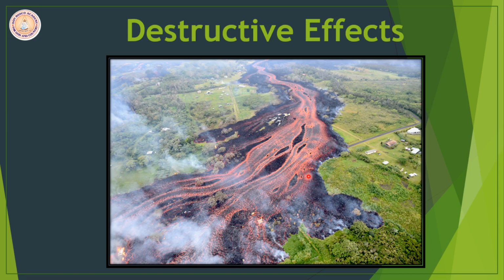They can also kill population, destroy animal and plant life. Cultivated areas can also be buried under thick layers of volcanic ash and lava and might become unsuitable for cultivation.